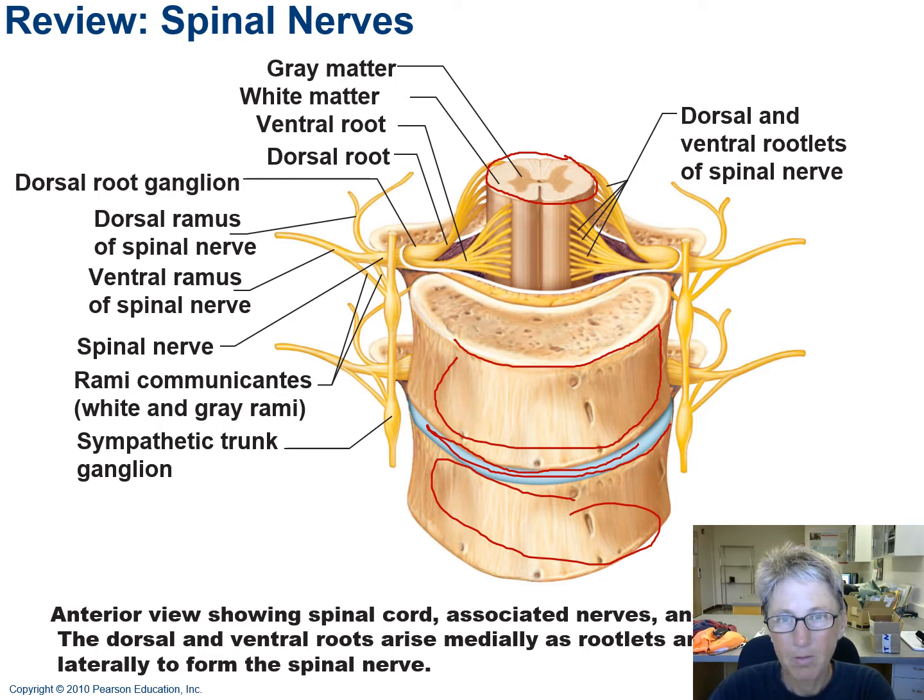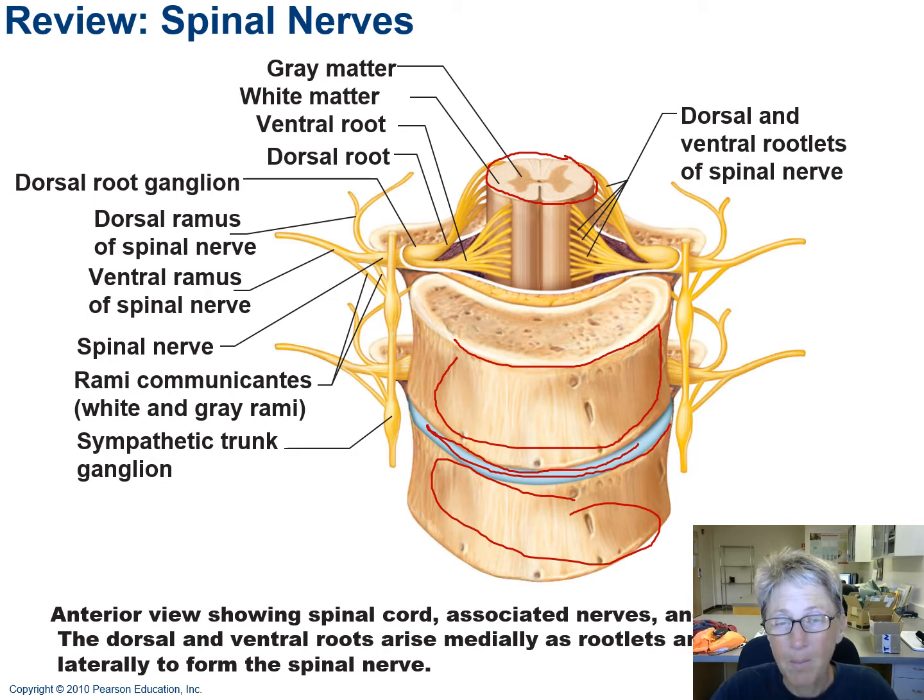We talked about this in the central nervous system, the brain and spinal cord, but in the brain, the gray matter is superficial and the white matter is deep. In the spinal cord, the gray matter is deep and the white matter is superficial. The gray matter has horns in the spinal cord.